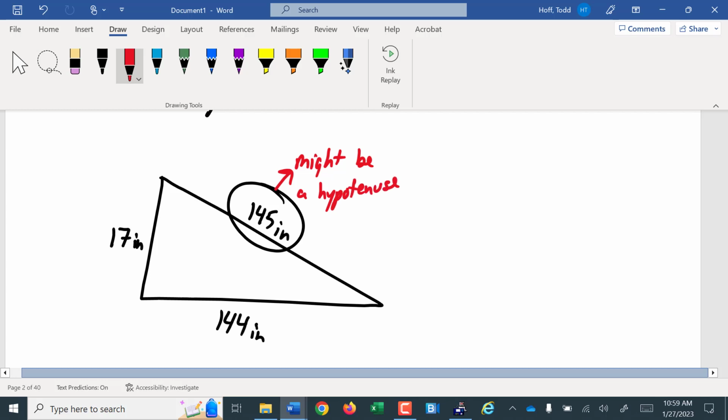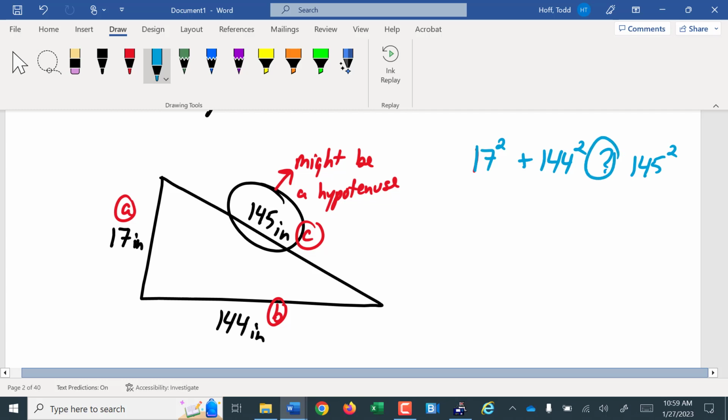Which means that has to be what we're going to use as side C. The other two sides are going to have to be sides A and B. So to check to see if this is a right triangle, we'll do 17 squared plus 144 squared. That's our legs. And we're going to see if it equals 145 squared. Now I'm going to put a question mark here because we don't know if they're equal yet. I don't want to put an equal sign there unless they actually are equal.